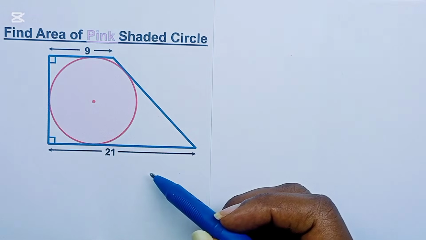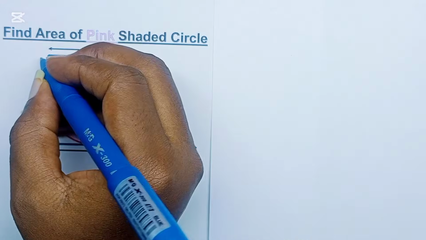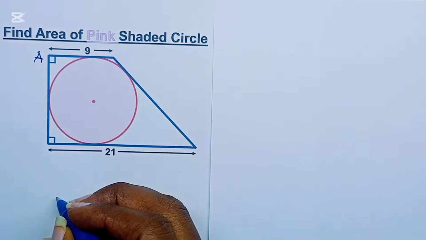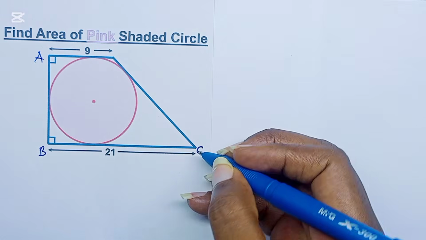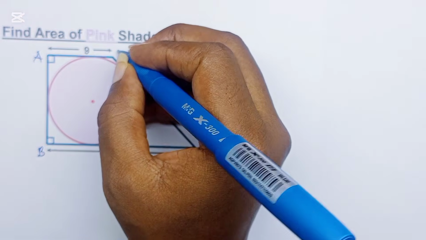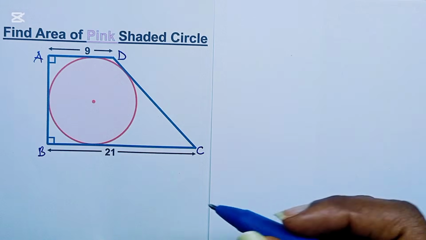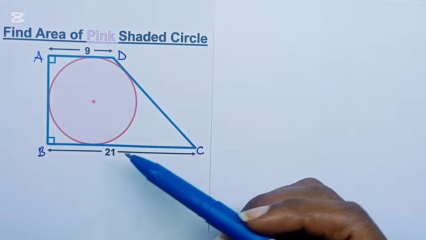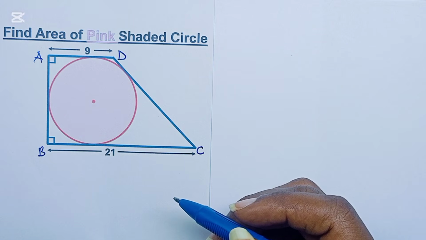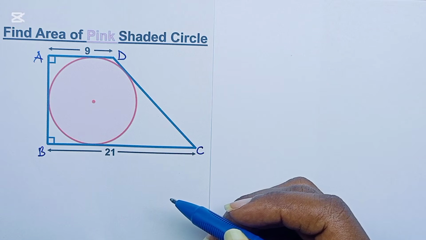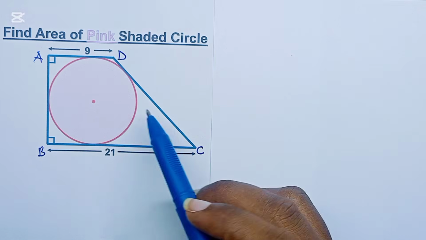So first, let's start by labeling the points on our figure. Let this be A, let this be B, C, and this D. As you can notice, this quadrilateral ABCD is a tangential quadrilateral because its sides are all tangent to a single circle within the quadrilateral.